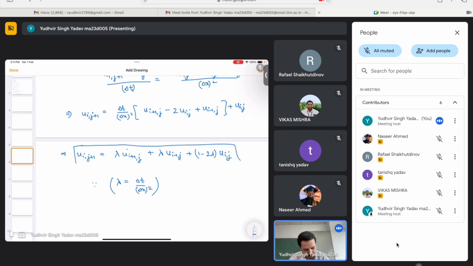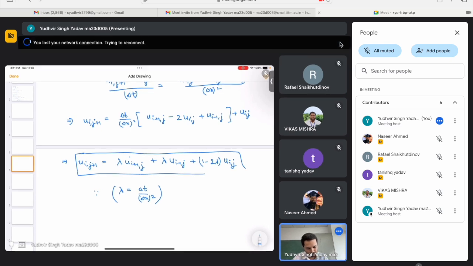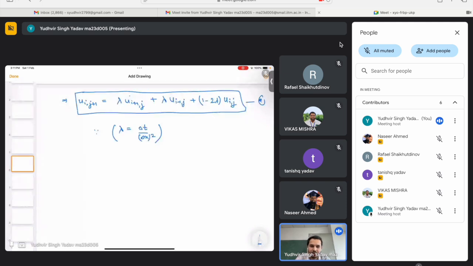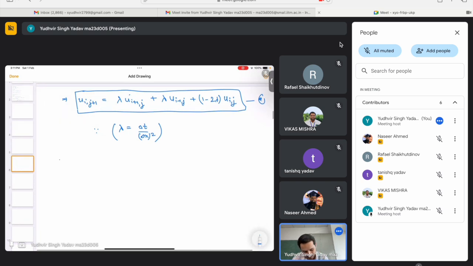So this scheme is called the explicit scheme. As you can see on the left hand side, we are trying to find the solution at the (j+1)th level, whereas we only require the jth level solutions in order to find that. So it is an explicit scheme.